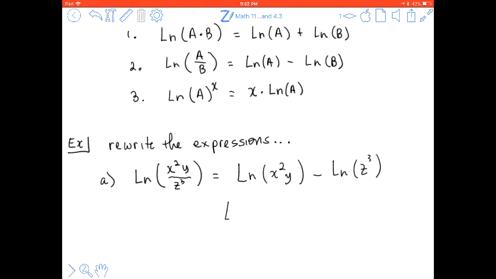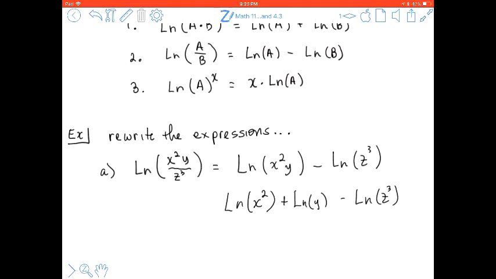So it can be written as the natural log of the first factor plus natural log of the second factor minus natural log z cubed. Now, some of the remaining logarithms here have exponents, natural log of x squared, so we can take the exponents using the power rule here, rule number 3, and write those exponents as coefficients.